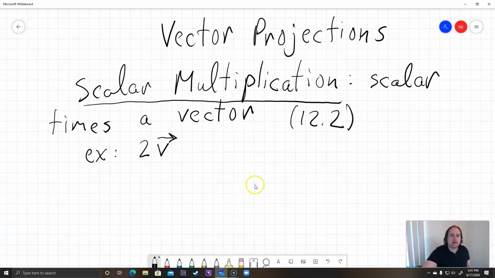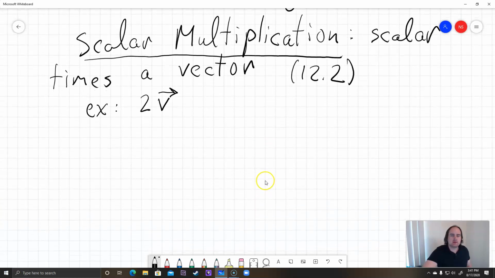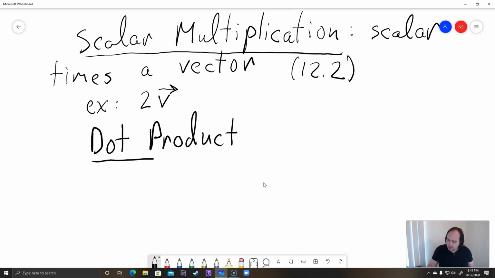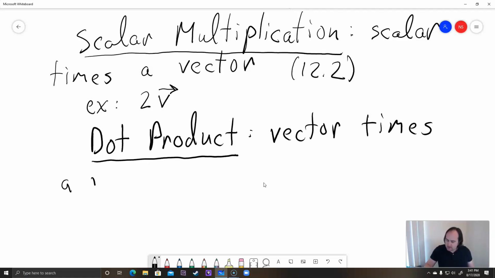Now in this section, we're going to be learning about what's called the dot product, where instead of multiplying a scalar times a vector, we're actually going to multiply a vector times a vector.